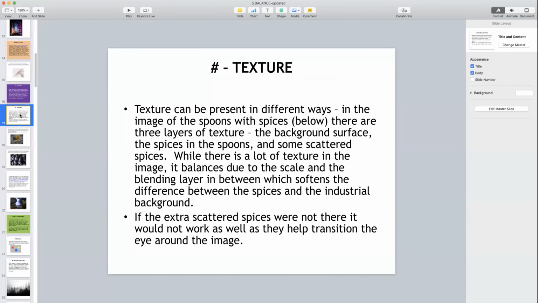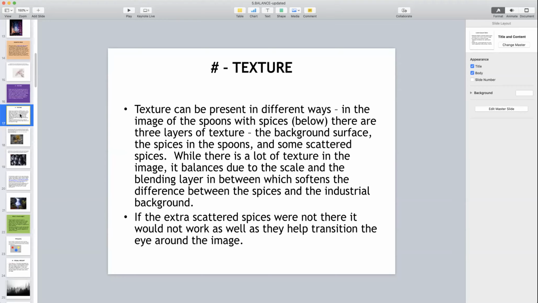Texture can be present in different ways. In the image of the spoons with spices, नीचे एक image आएगा, उसको दिखाएंगे हम. In the image of the spoon with spices, there are three layers of texture. One, the background surface; two, the spices in the spoon; and three, some scattered spices. अब आप बोलोगे scattered spices से कहाँ से texture बन गया? We will show it.